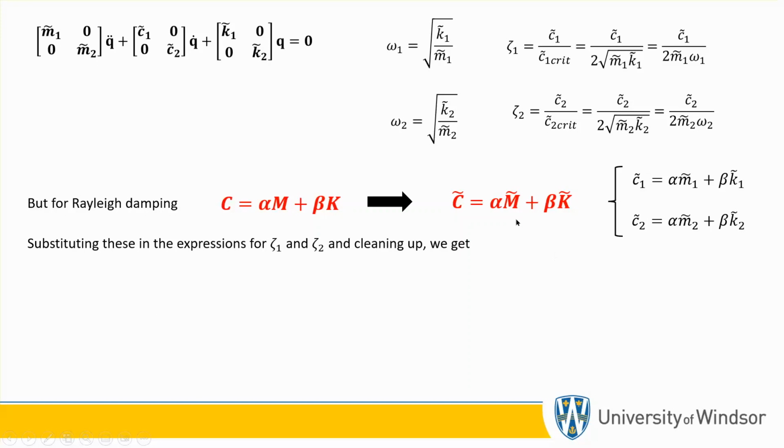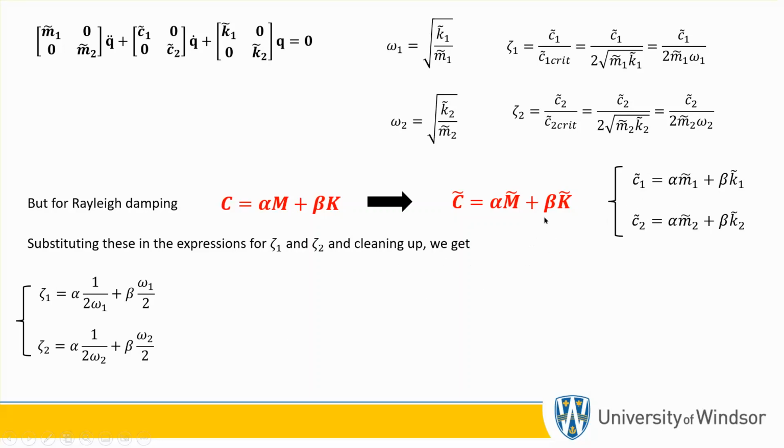So the question may be, how do we find this alpha and beta? Well, we take this C1 tilde and C2 tilde out of these two, and plug it in our equation. In other words, let me show you something here.